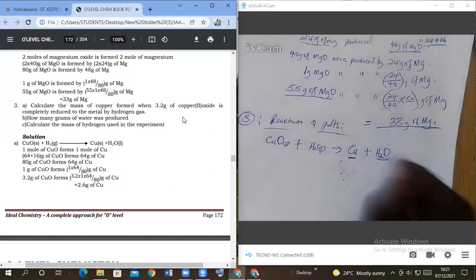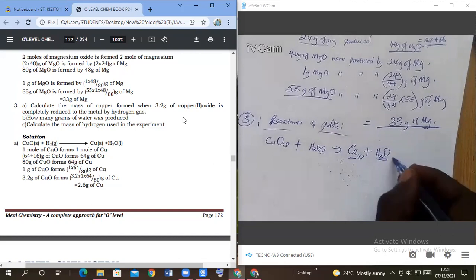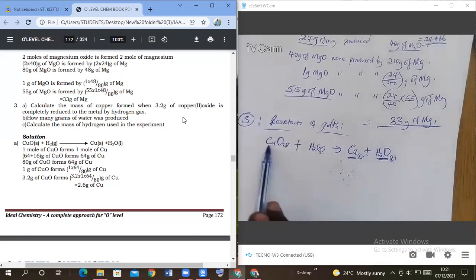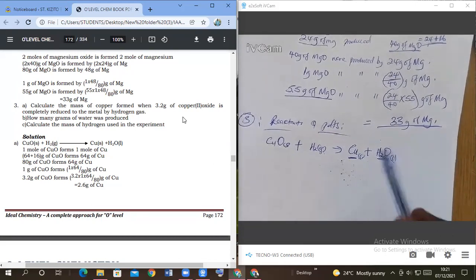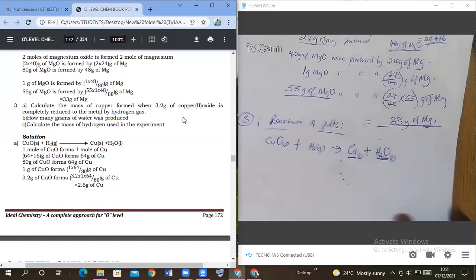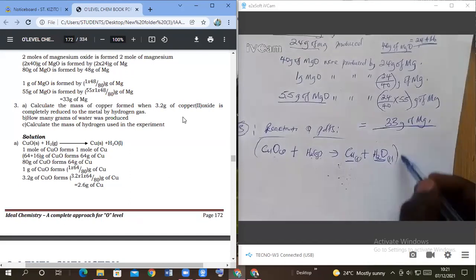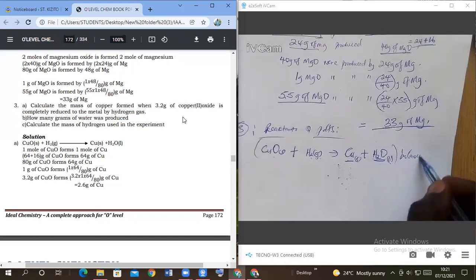Addition of oxygen to a substance, that's oxidation. So we have a solid, we have a liquid. When you try to balance it up, you have 2 hydrogens, 2 oxygen, 1 copper, 1. So is the equation balanced? So the equation is fully balanced.